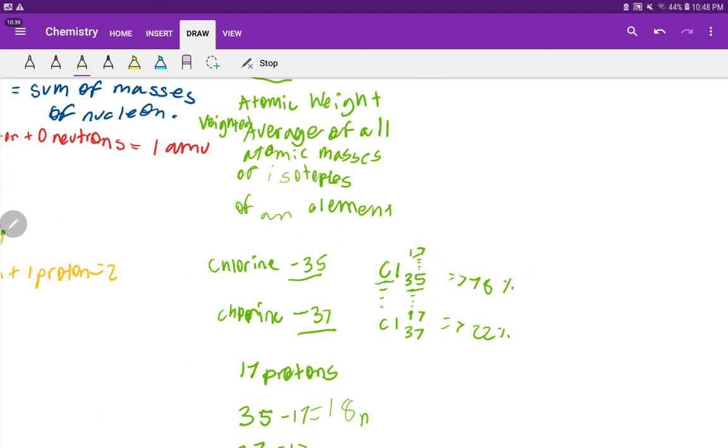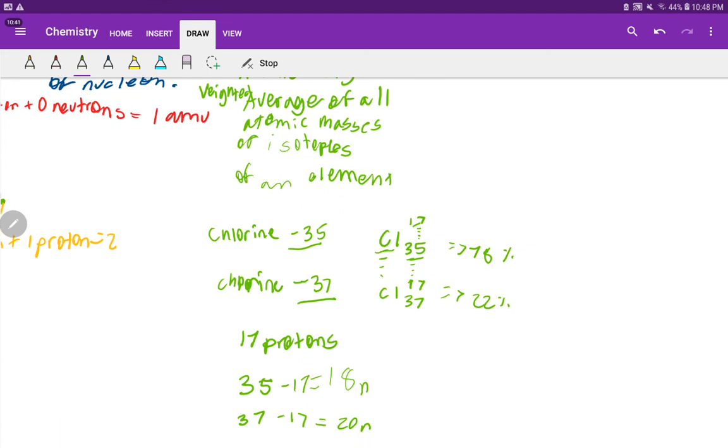So now we have to calculate the ratio. Oh, okay. So we have that chlorine-35 has an isotope abundance of approximately 76%. So we can calculate the weighted average by multiplying the percent and the mass and summing all of them together.